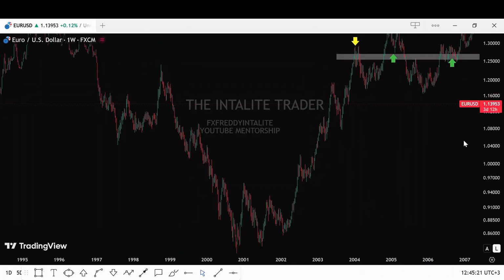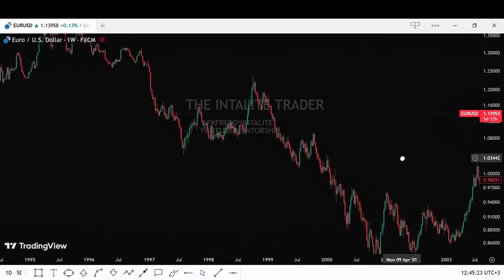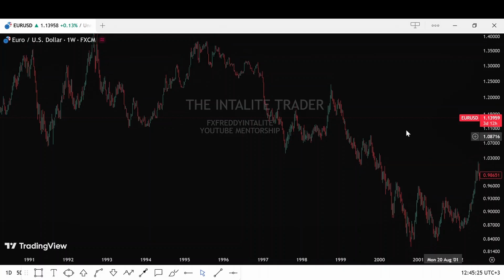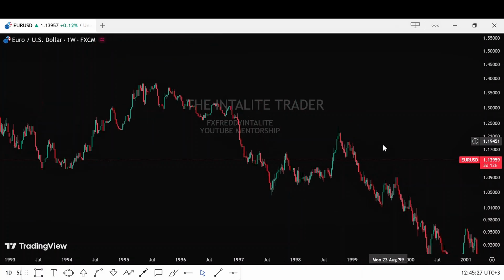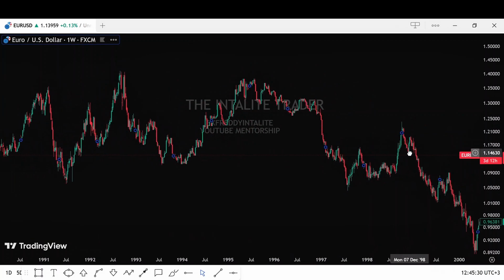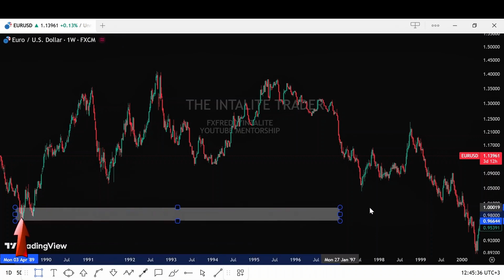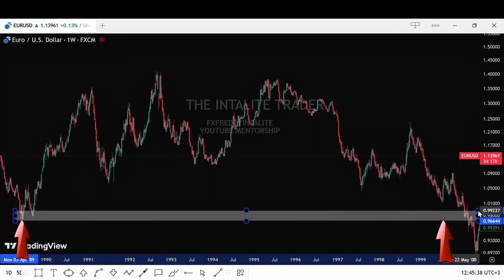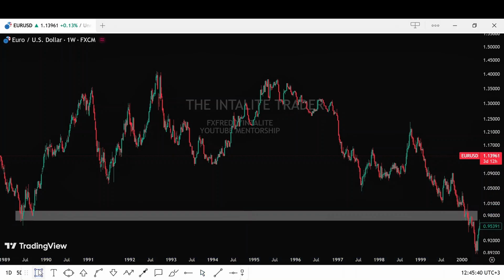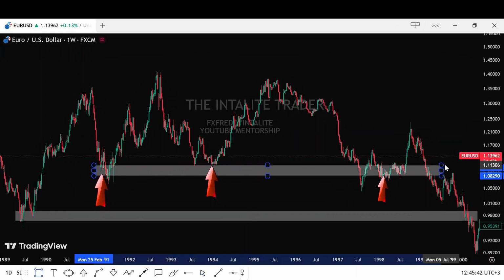If I come to this chart without using any indicator here, I can easily tell this is a level down here. I can also easily tell that this is a level here.